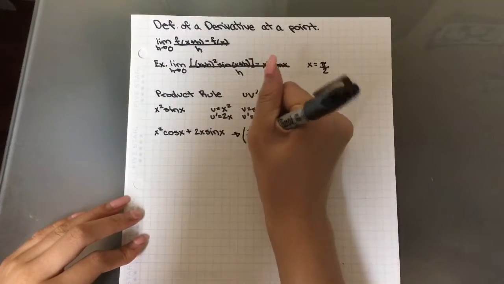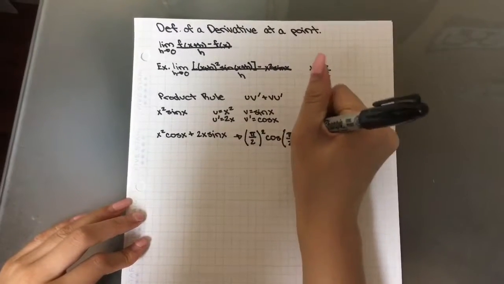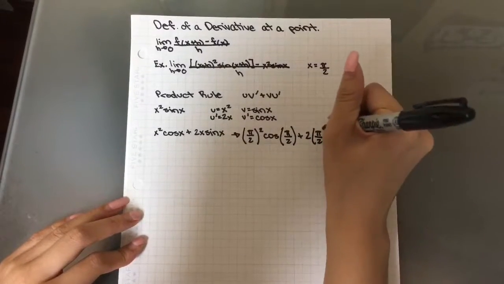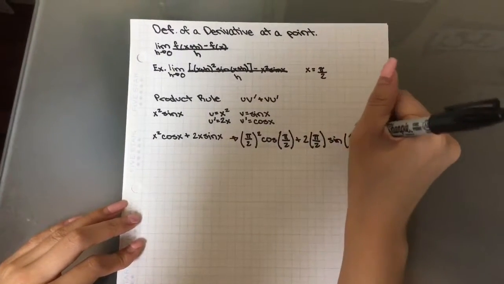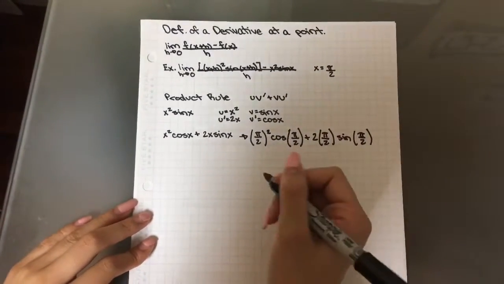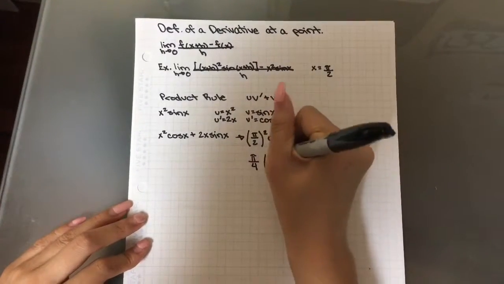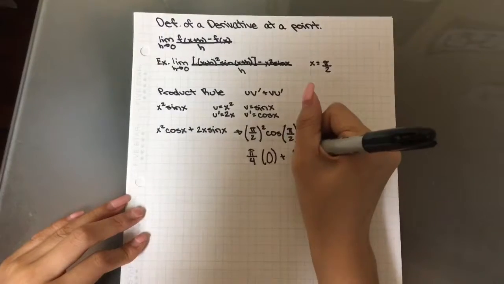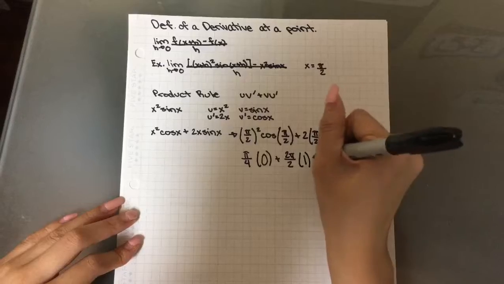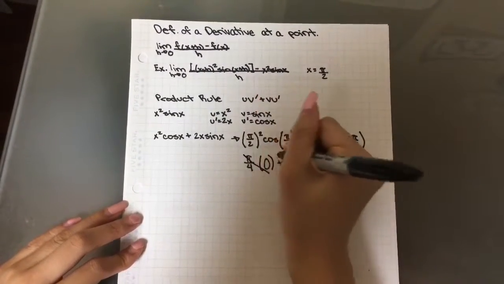That will become pi over 2 squared cosine of pi over 2 plus 2 times pi over 2 sine of pi over 2. Now you just evaluate, so it'll become pi over 4 times 0 plus 2 pi over 2 times 1. 0 times anything will equal 0, so that's out.